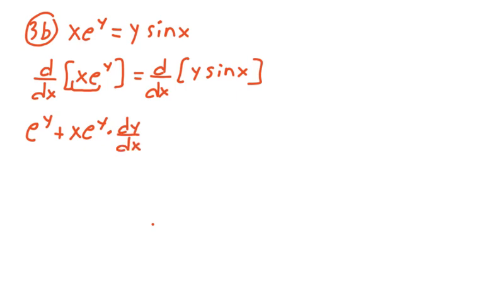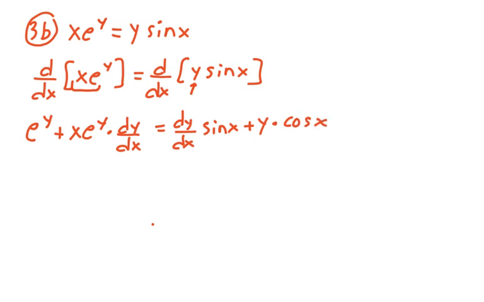So in other words, it's the derivative of the first times the second plus the first times the derivative of the second. And I basically do the same thing over here. So I get dy dx, that's the derivative of the first, sine x, plus y times cosine x.